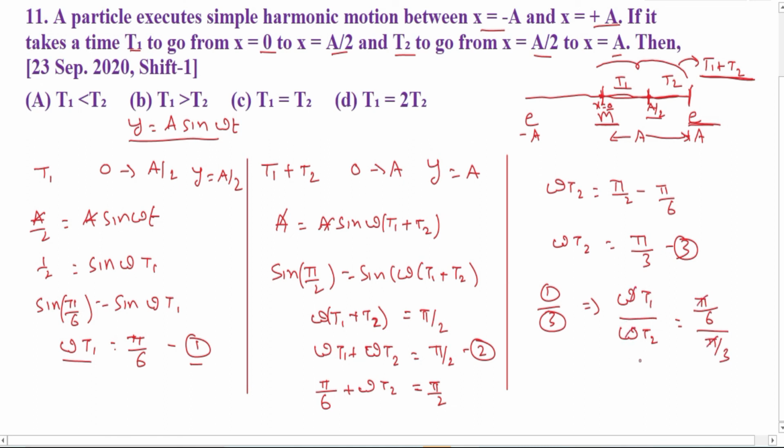That is t1 by t2 will be equal to 3 by 6, which is equal to 1 by 2. That implies t1 is equal to 1 by 2 of t2. So what does it mean? It means that the value of t1 is half of the value of t2. That means t1 is less than t2, which is option A in this sum.